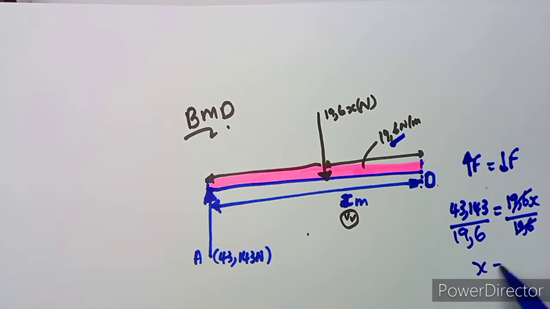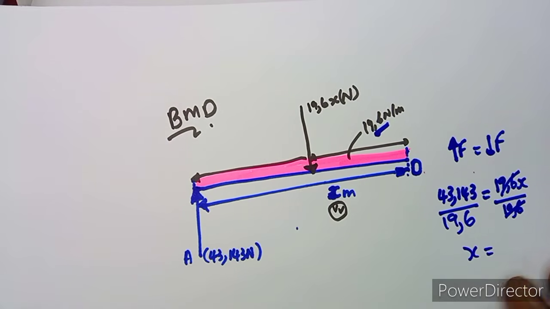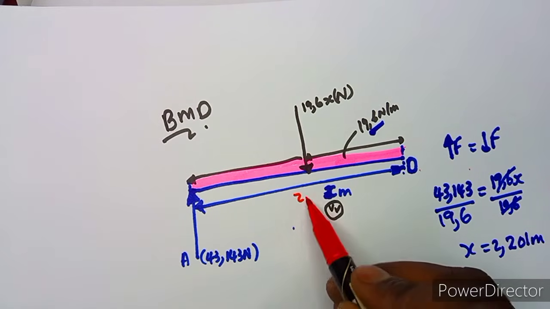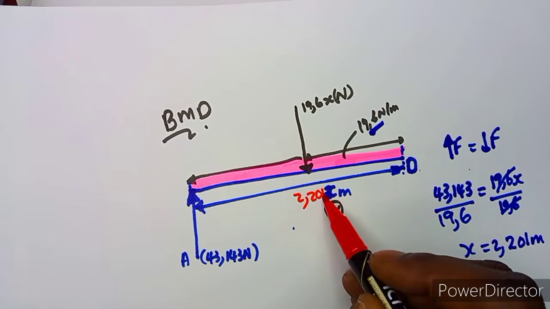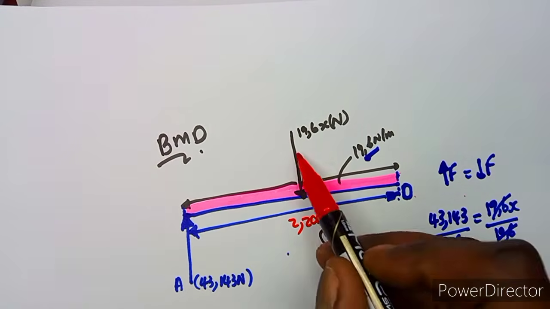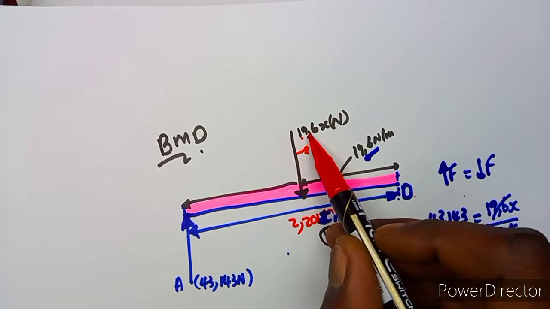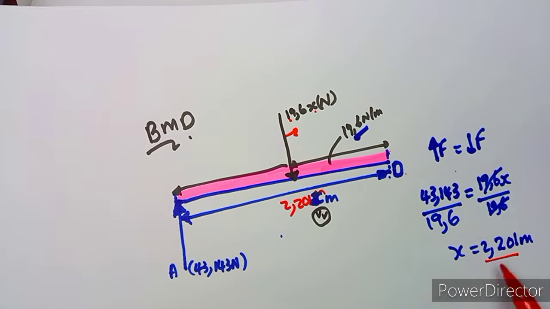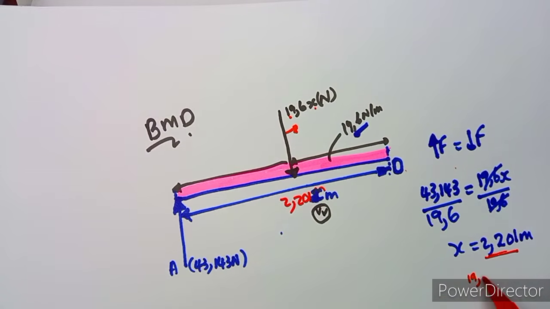So that's your X. Our X, which is the distance, is going to be 2.201 meters, something like that, which is in between here. So it means that we have got 2.201 meters here, which was our X. So even this force is going to be 19.6 times X, and our X is this, so 19.6 times 2.201.